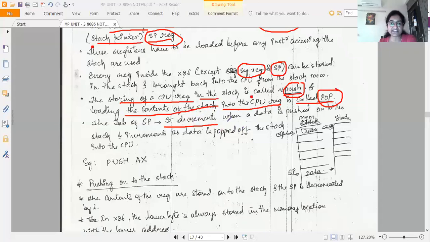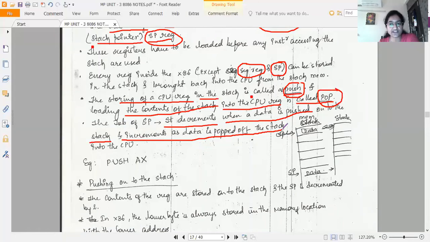It decrements when the data is pushed onto the stack, and it increments as the data is popped off the stack. Means whenever the data from a particular register is being loaded onto the stack, the content of the SP will decrement, means the offset address will go on decrementing.